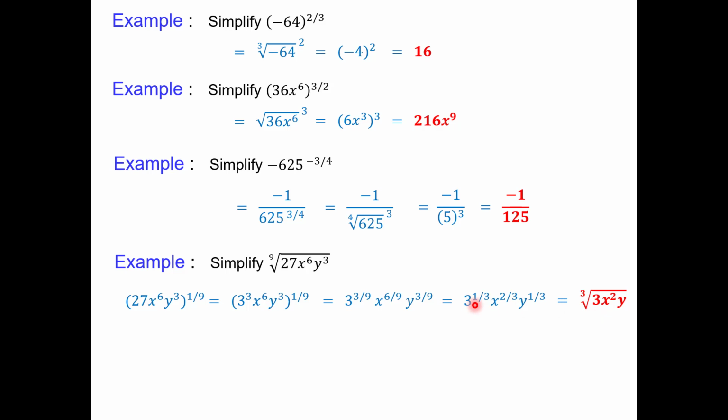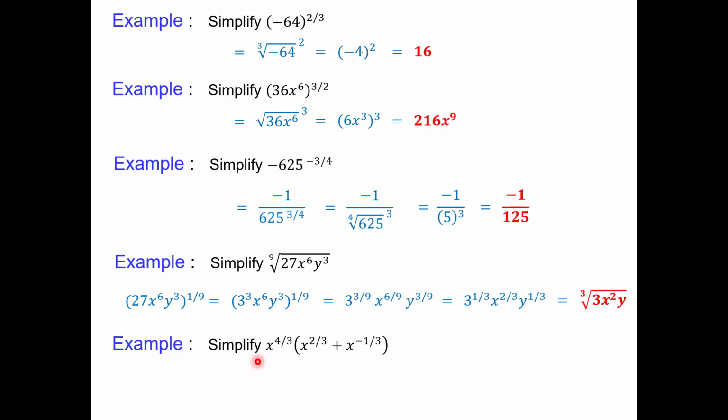So these are all to the something over third power. So all of these denominators were 3. Therefore, that's a cubed root. Those all go inside of a cubed root. The 3, x, and y go into a cubed root because all these denominators in their exponents were 3. And then their powers, the numerators, go back on the factors. So 3 to the 1 is right here. X to the 2 is here. And then y to the 1 is here.